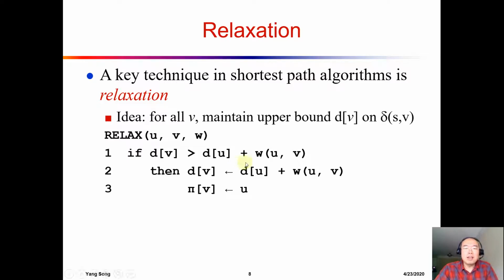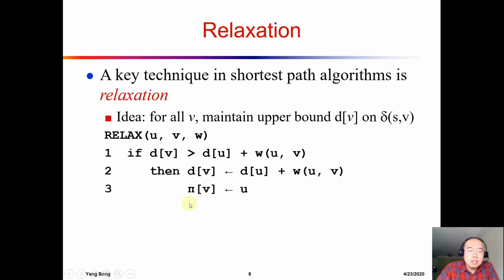In addition, we have a path from U to V, and the weight is w(u, v). If d[v] is greater than d[u] plus w(u, v), that means we don't know how we can get to U, but if we get to U first and then take the path from U to V, that is an even lower cost to get to V. So we have to update the way we know to get to V. We assign d[u] plus w(u, v) to d[v].